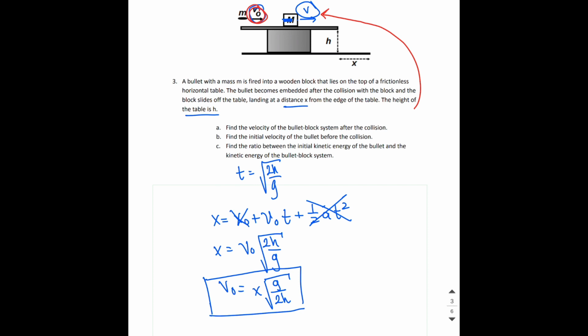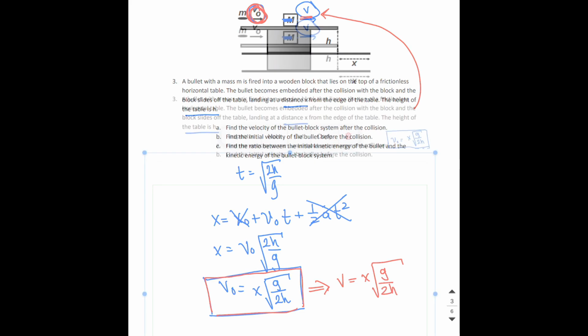So I'm going to change the notation here, because this v naught is not this v naught, it is this. So I'm going to say that the velocity of the bullet block system when they are stuck together is going to fly out at a v of x times the square root of g over 2h.